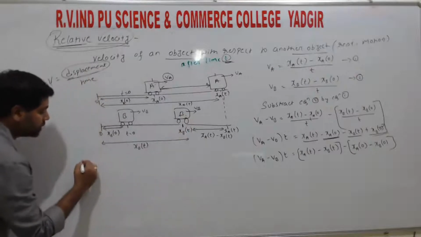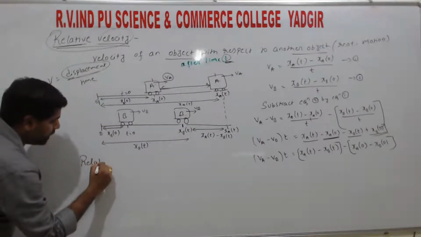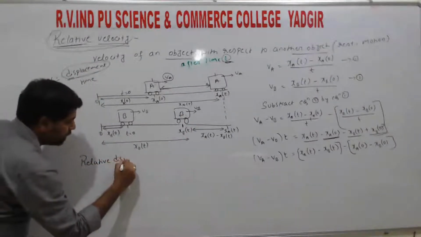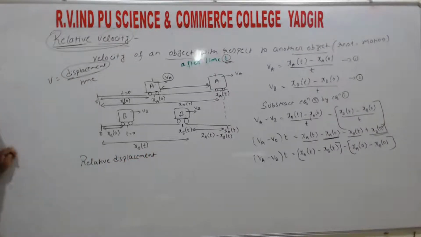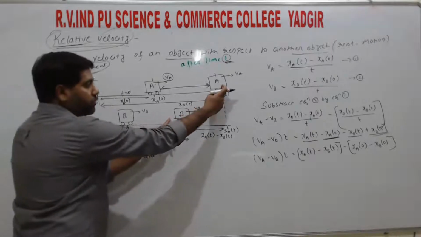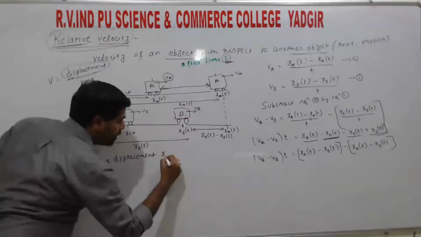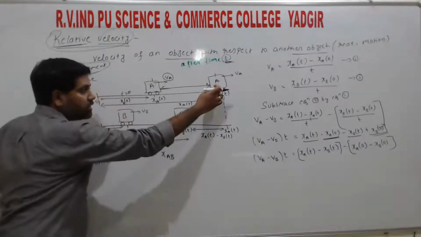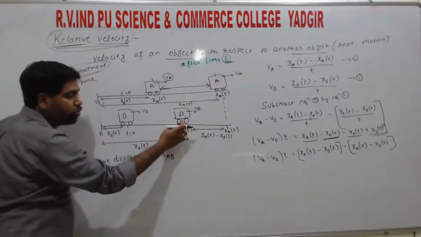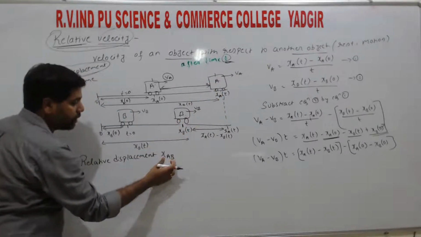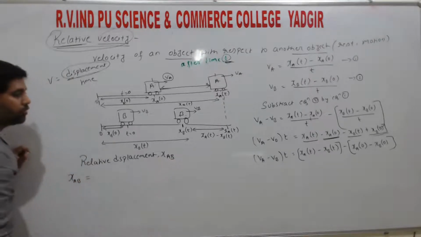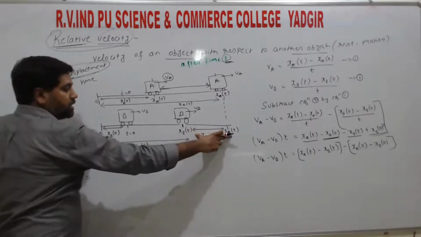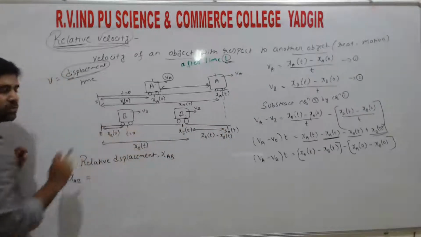So we need to find the relative displacement between these two objects. That one is given by XAB, that means the displacement of A with respect to B. So XAB is equal to this displacement minus this displacement.